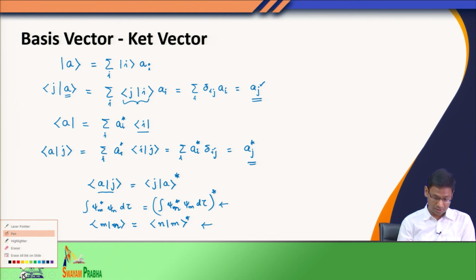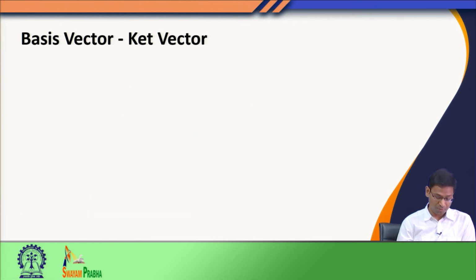We would look for one more important property that comes out from this discussion, so let us again write the ket. Now, in this ket definition, I have this a_i term.